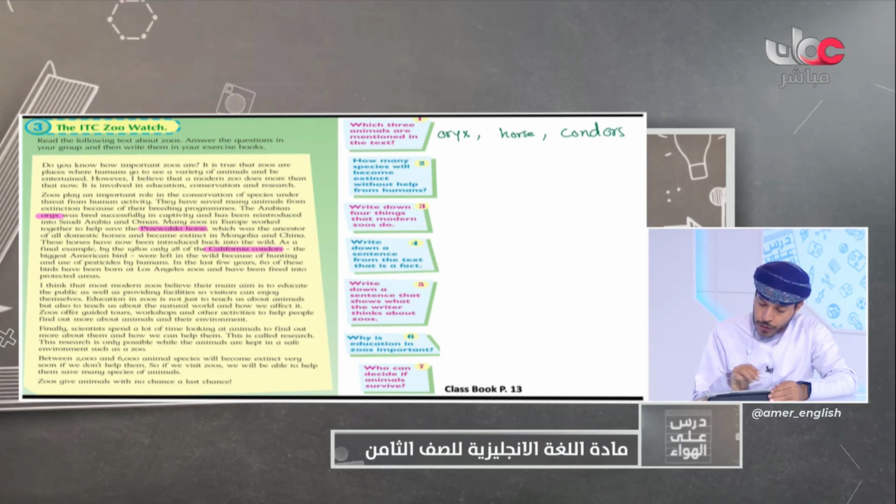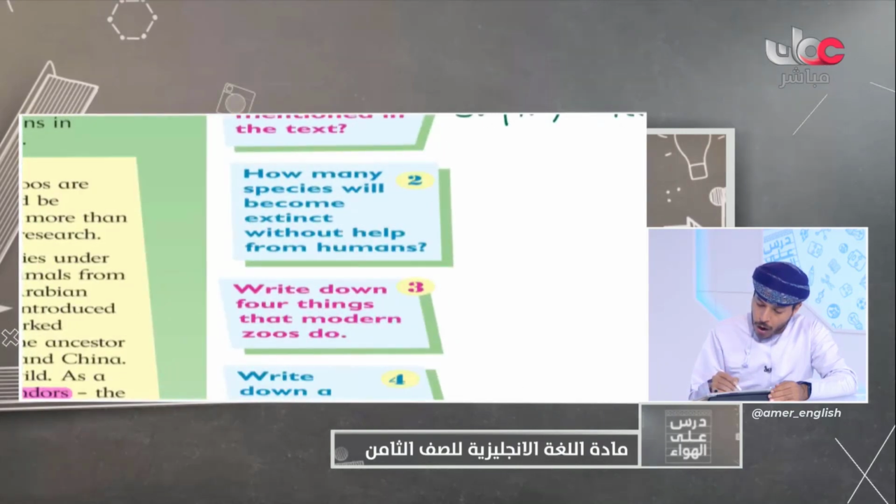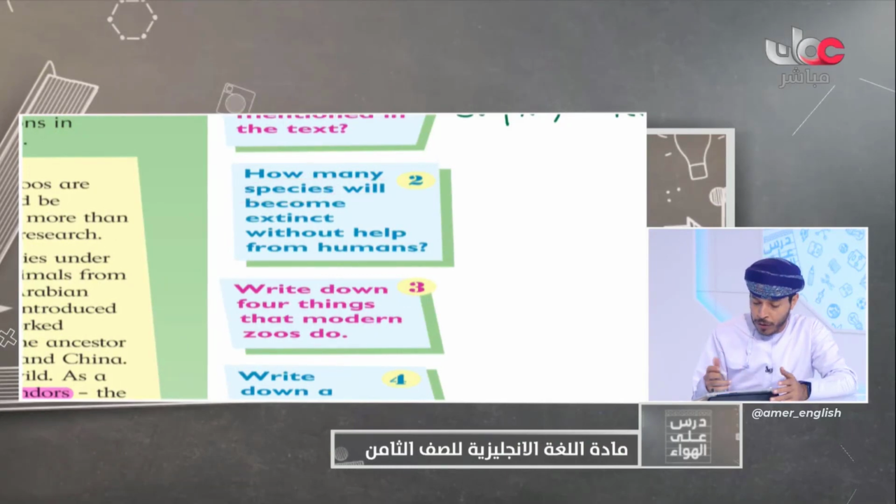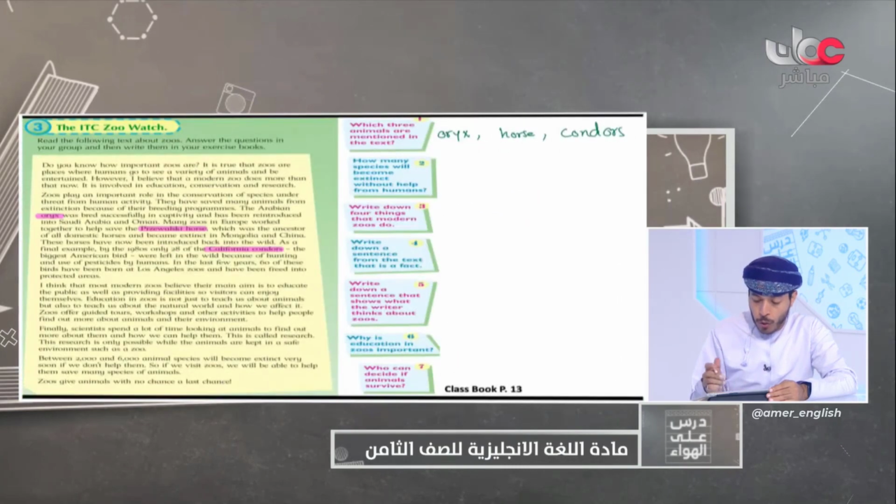Look at number 2, please. How many species, like kinds or types of animals, will become extinct without help from humans? So we know the word extinct, if you remember it from the previous lessons about animals living on our earth. So here it is talking about other species that are likely to become extinct.